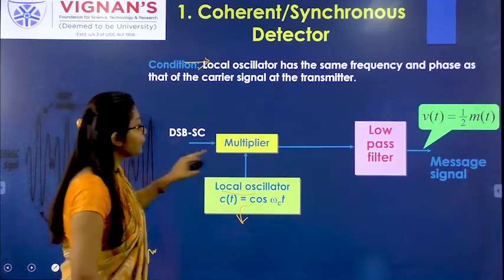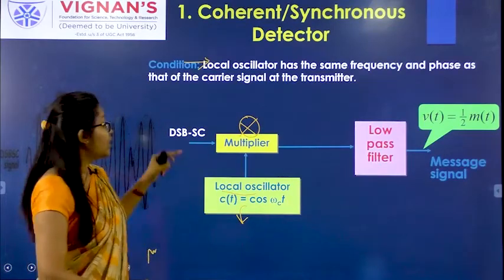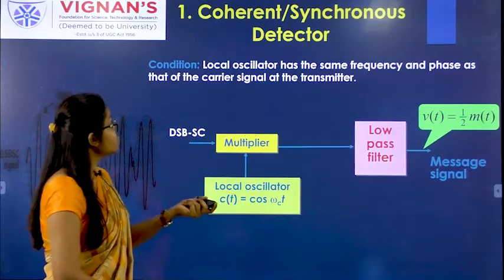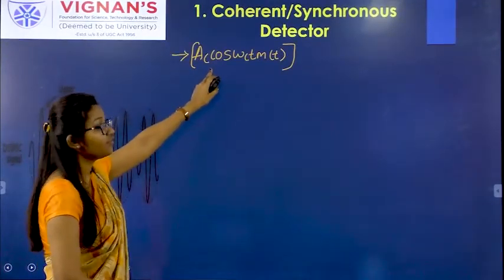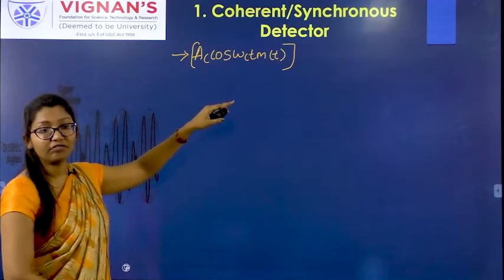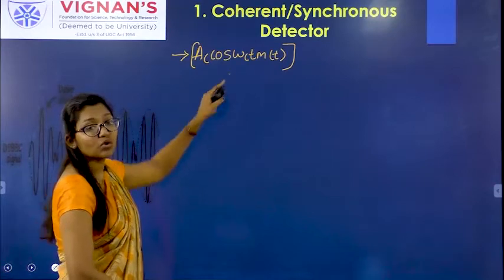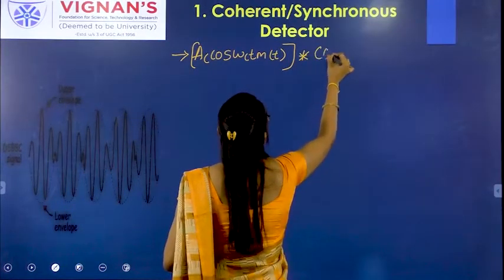First there is a multiplier. With this multiplier you have two inputs. One is DSB-SC and the second one is the carrier signal. So that's what I have written here. The DSB-SC waveform was m of t into c of t, that is, Ac cos omega ct multiplied with cos omega ct.